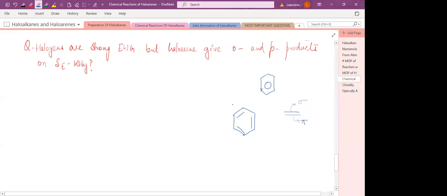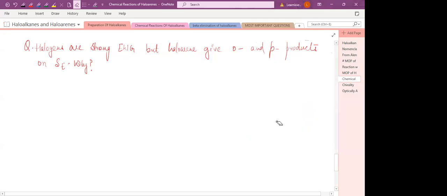So mesomeric effect or the resonance effect, both are the same, right? And they involve basically the delocalization of pi electrons. Pi electrons delocalize and move in the benzene ring, right? And due to the delocalization of the pi electrons, they show the resonance.